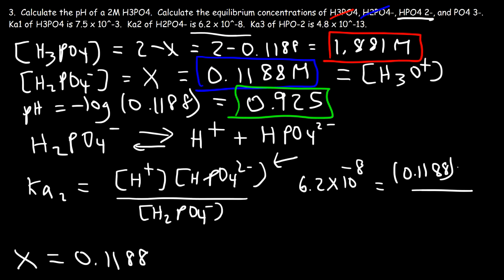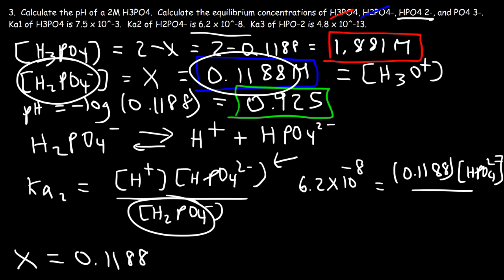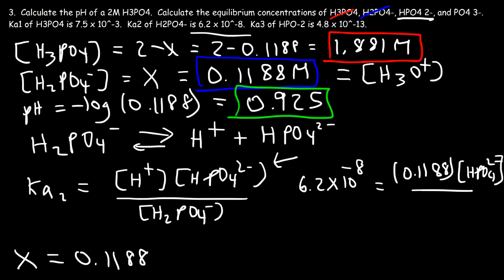And our goal is to calculate the concentration of HPO4 2 minus. And H2PO4 minus, which is here, it's also equal to x. So that's 0.1188.